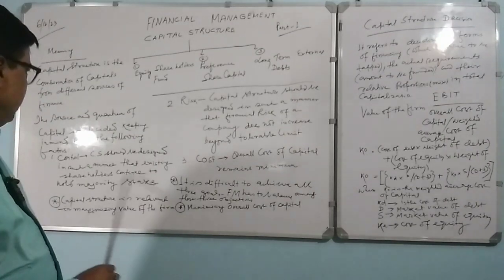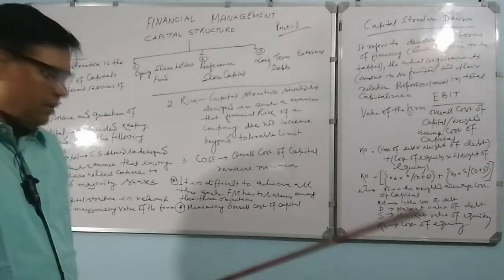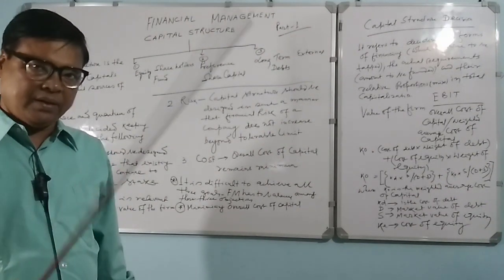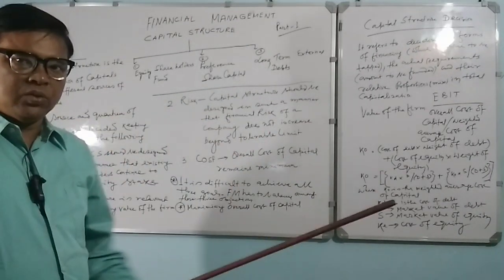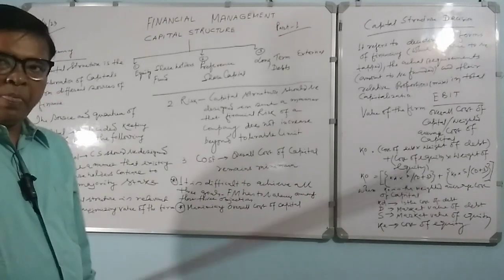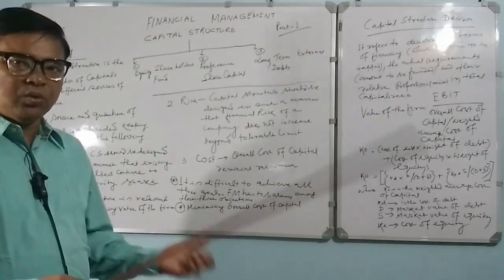So to sum up, capital structure is relevant in maximizing the value of the firm. That is very vital. Your capital structure should be such that the value of the firm is maximum. The second is minimizing the overall cost of capital. So these are the two things.